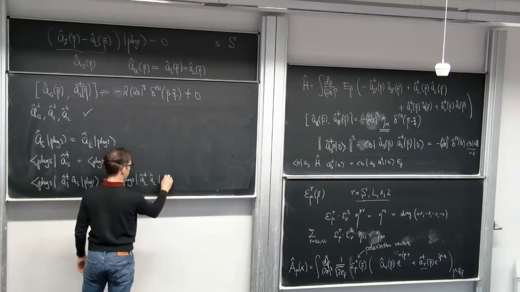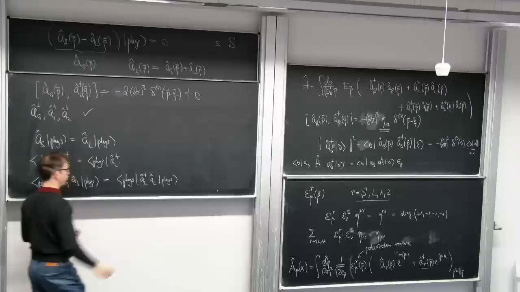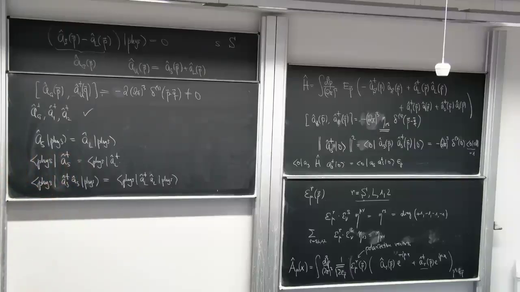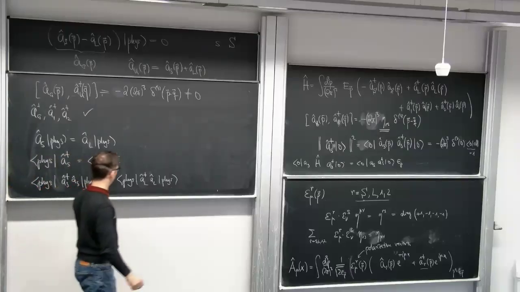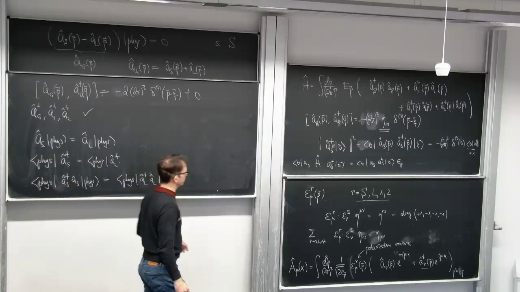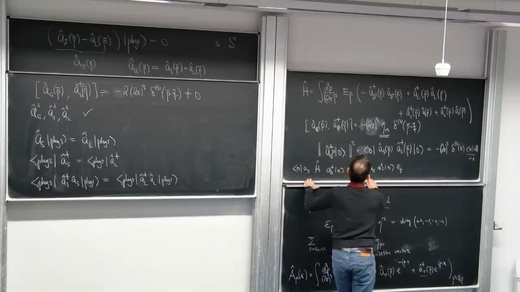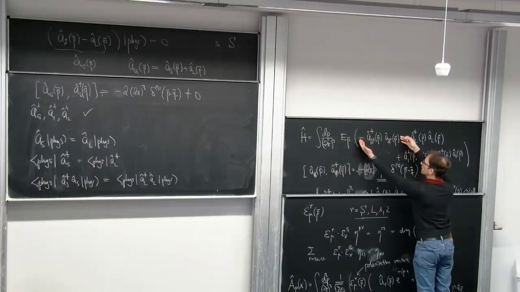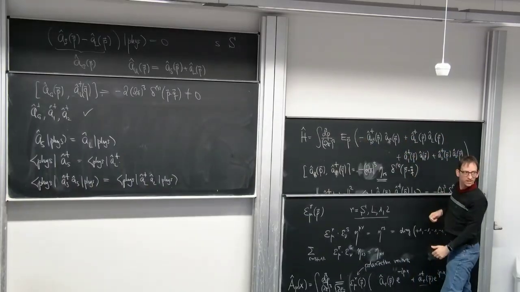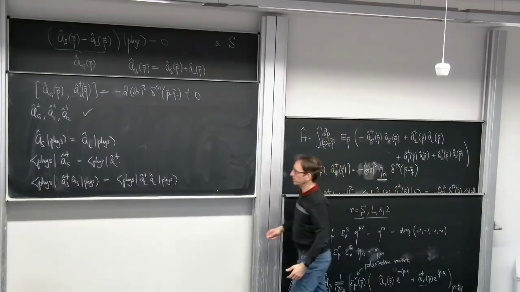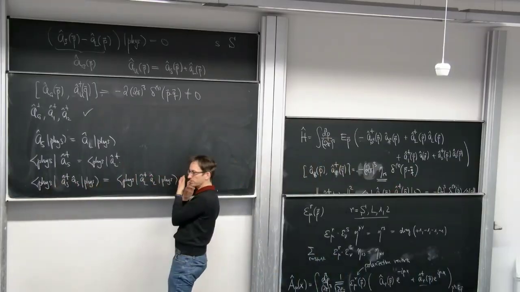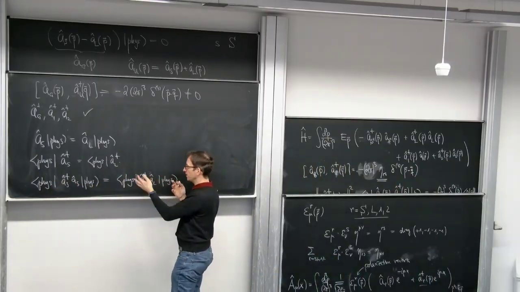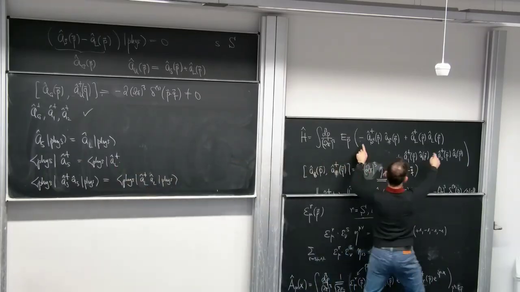It could be complicated physical states, but this holds true for sure. And if this is equal to this, then the difference between this term and this term is 0. Now come to this side with a minus sign. And then we have 0 is this difference.